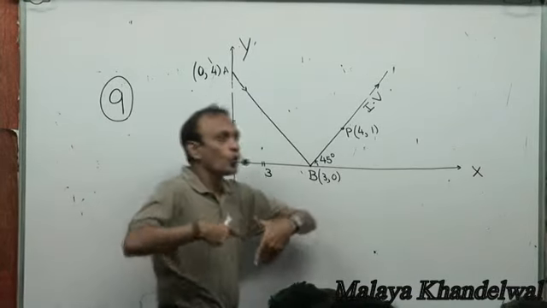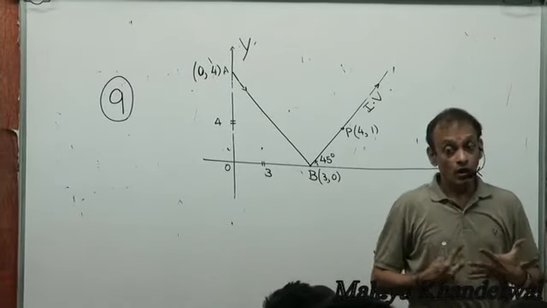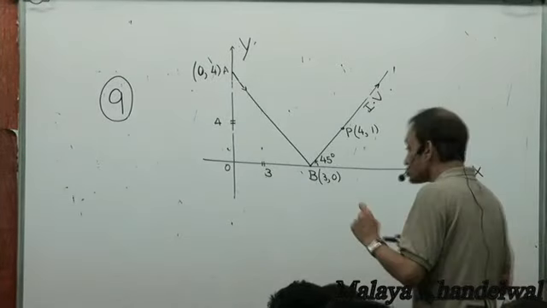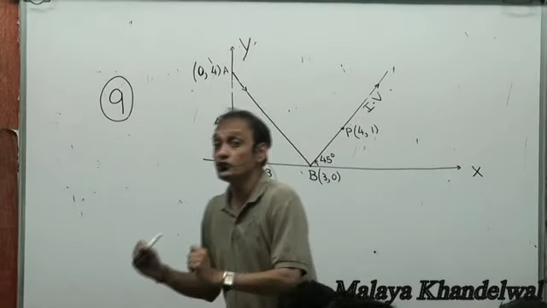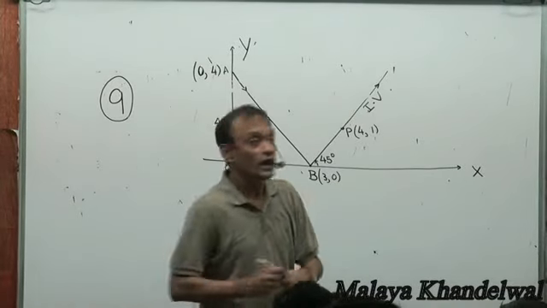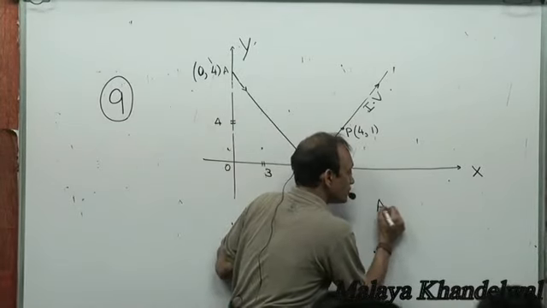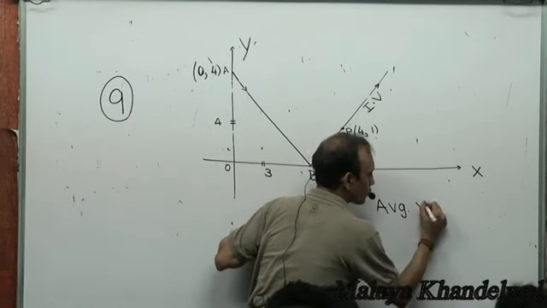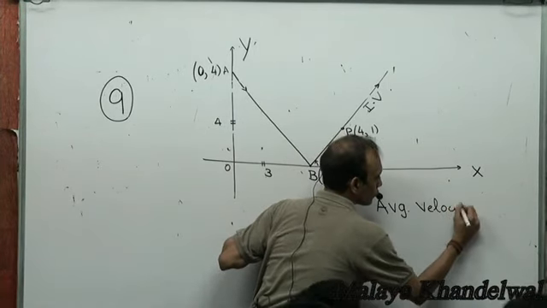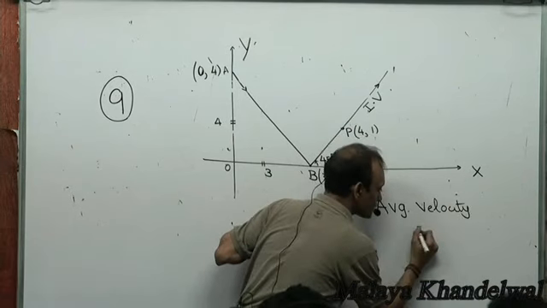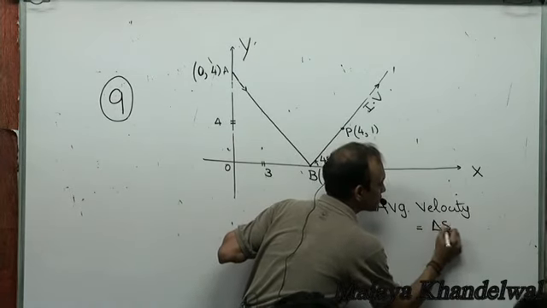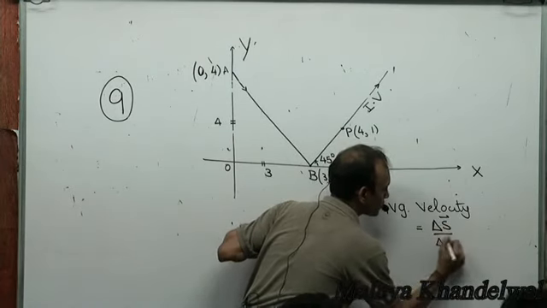Now, what is average velocity? Average velocity is total displacement divided by total time.